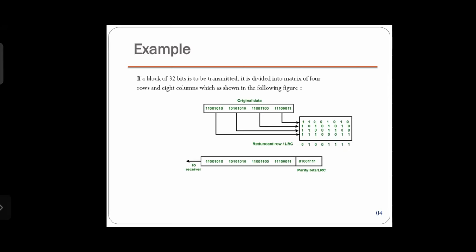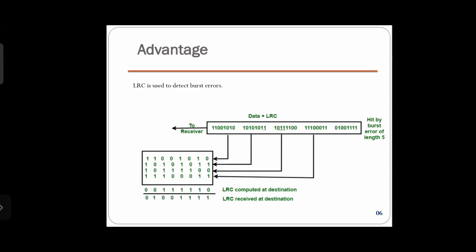If this matrix has parity bits added, it means 32 bits of data plus 8 bits are transmitted to the receiver. The destination uses the LRC to detect errors. If the LRC received by the destination does not match the newly calculated LRC, the destination comes to know that the data has an error, so it discards the data.